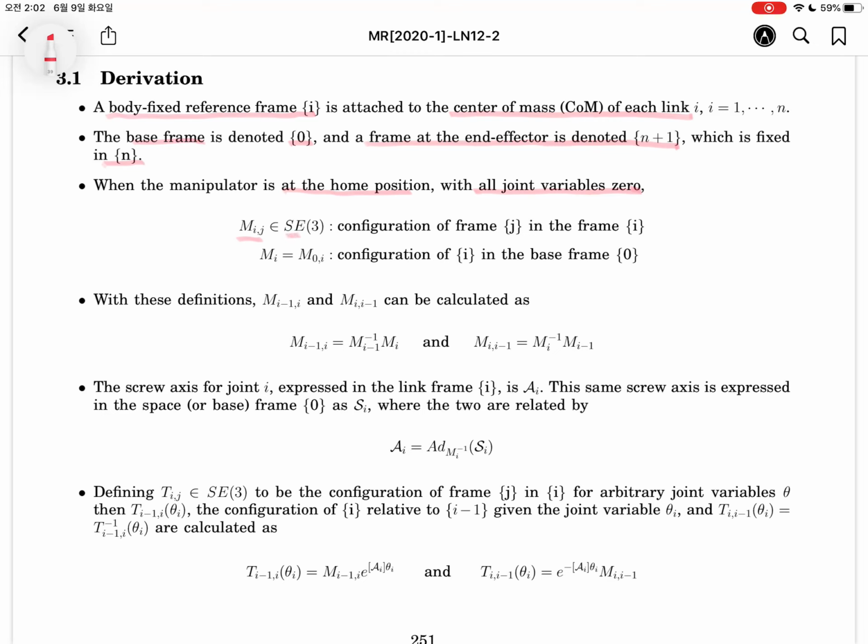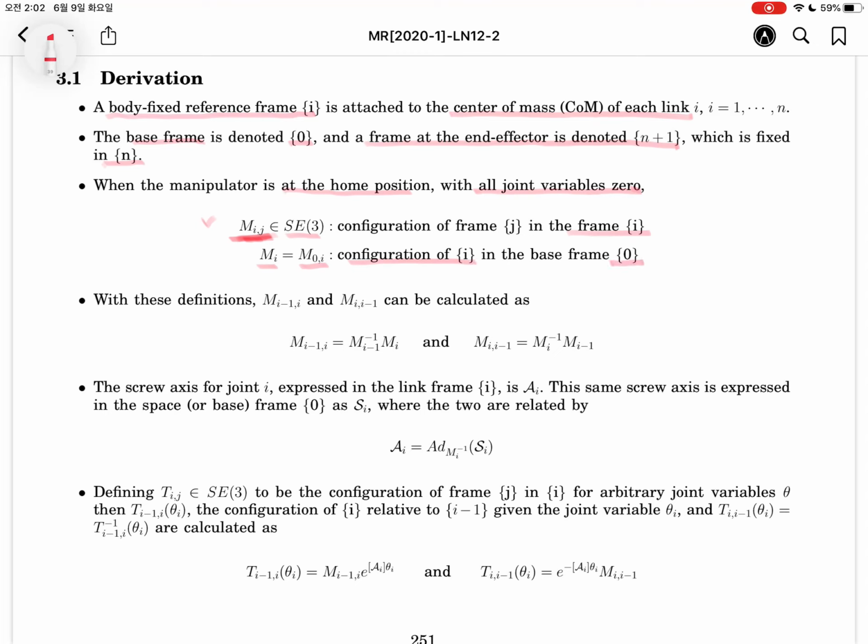M_ij belonging to SE(3), such as R^{4x4}. So the typical example of the M will be the homogeneous transform. It implies the configuration of the j frame in terms of the i frame, so coordinates are used in the i frame. On the other hand, M_i is equal to M_0i, the configuration of the i frame in terms of the space frame.